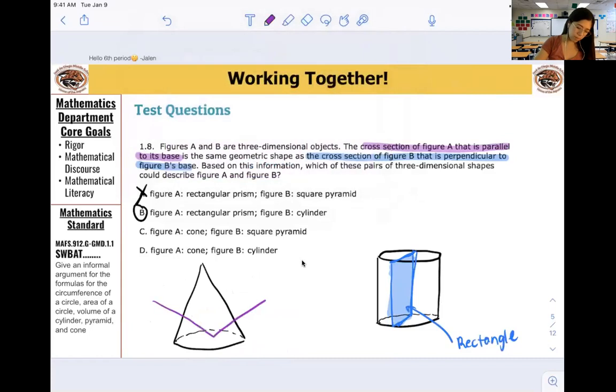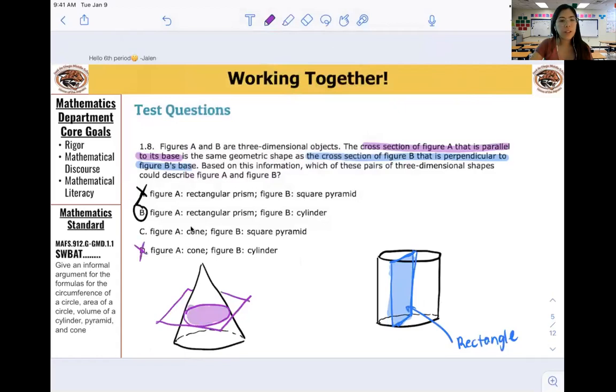Hold on, that looks like it's slanted. Guys, this is so hard to do. Okay. Yeah, something like that, but if it's parallel, it would be a circle. So those would not match. So D is also not good.